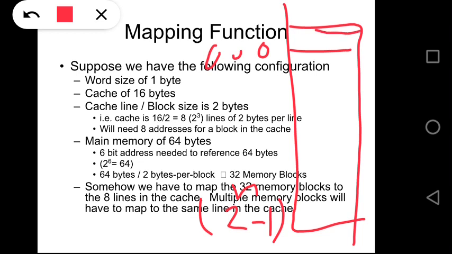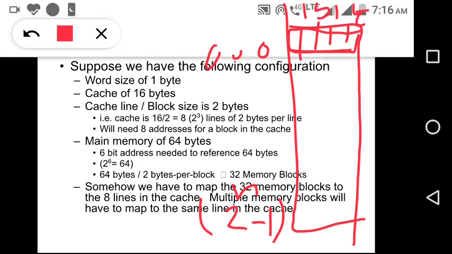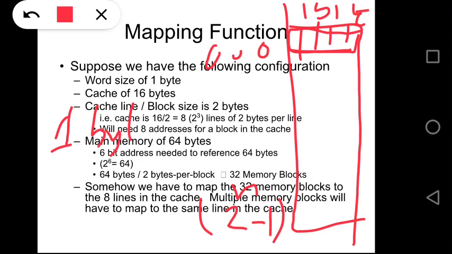And this is the place we are simply keeping blank. Now, what is it saying? Word size is 1 byte. 1 byte means 8 bits. So the word size is 1 byte.